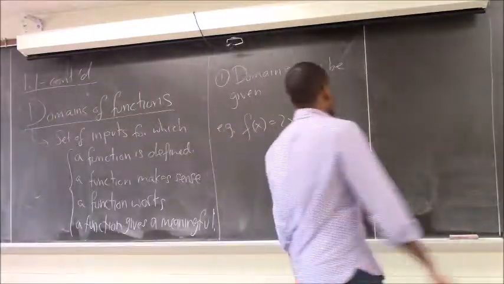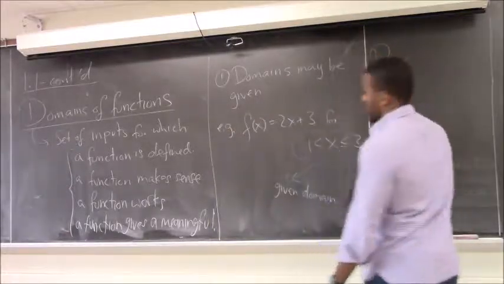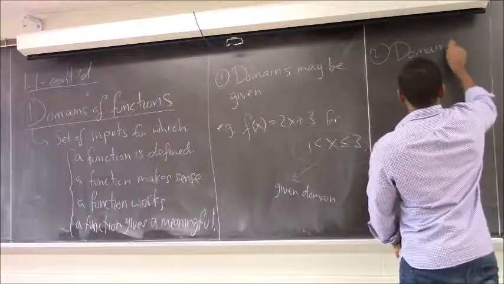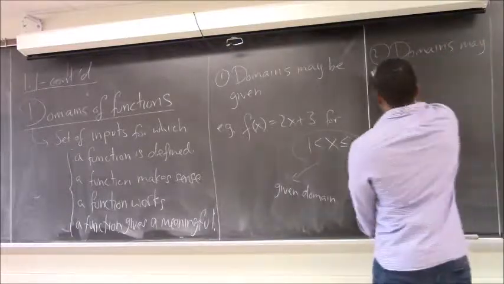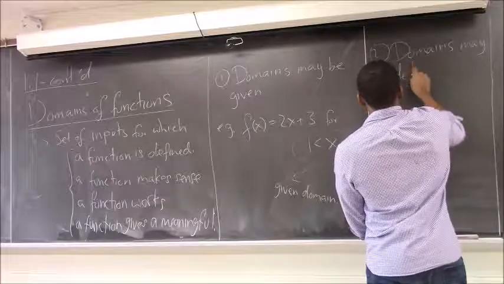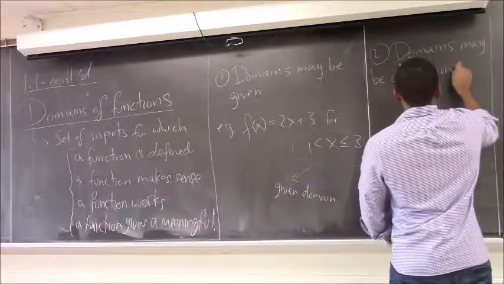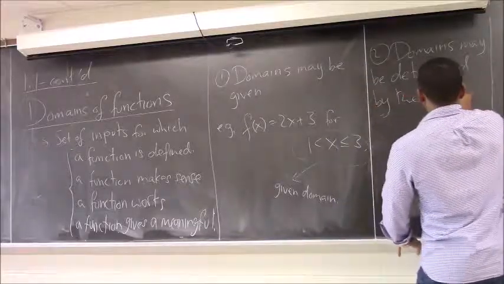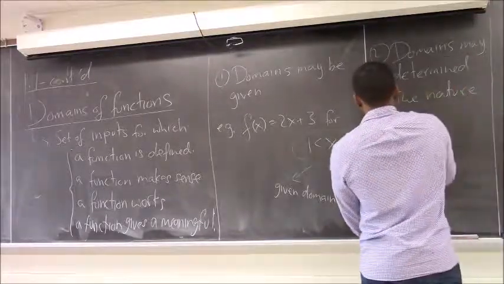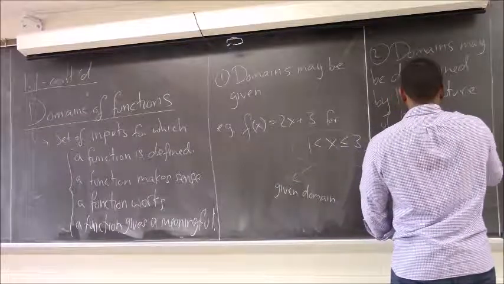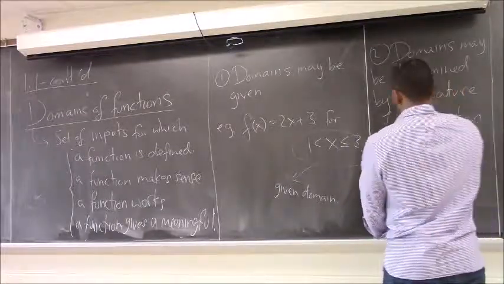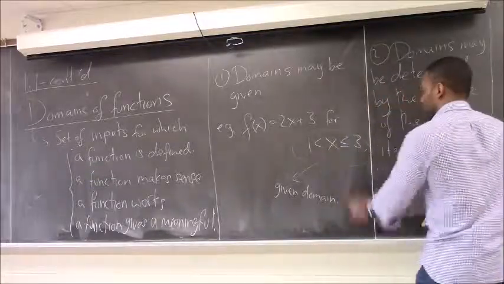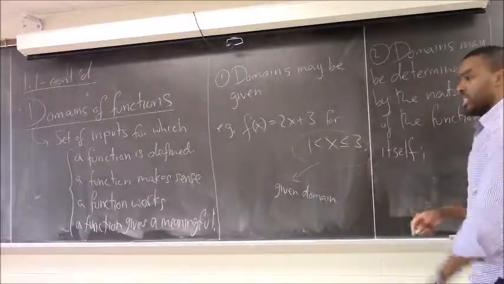Okay? Another way you can determine domains is that sometimes domains may be determined by the nature of the functions themselves. That's in the case where no restriction is given. No one tells you a restriction, they just say, here's a function.